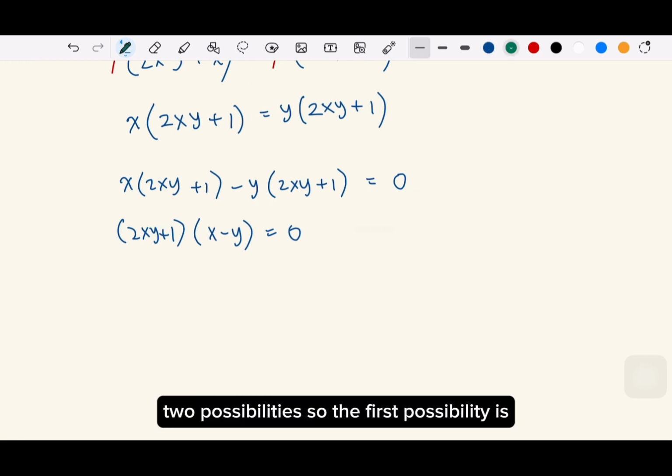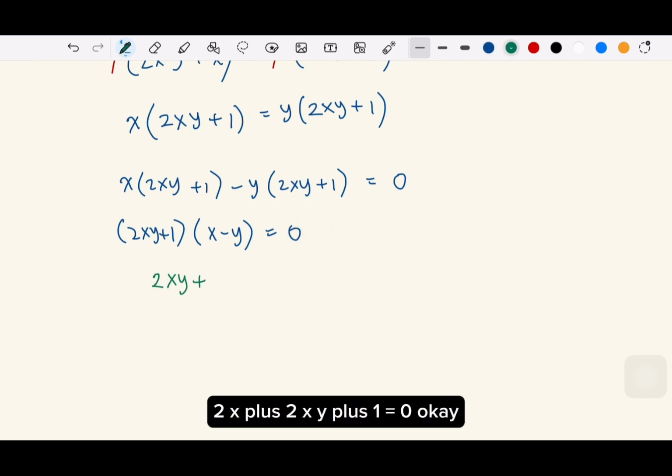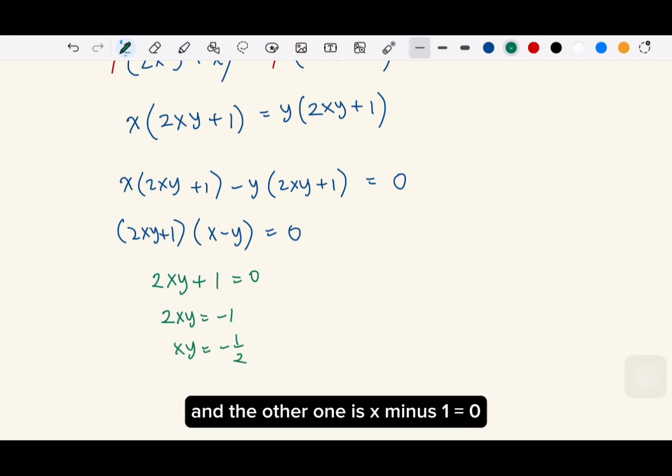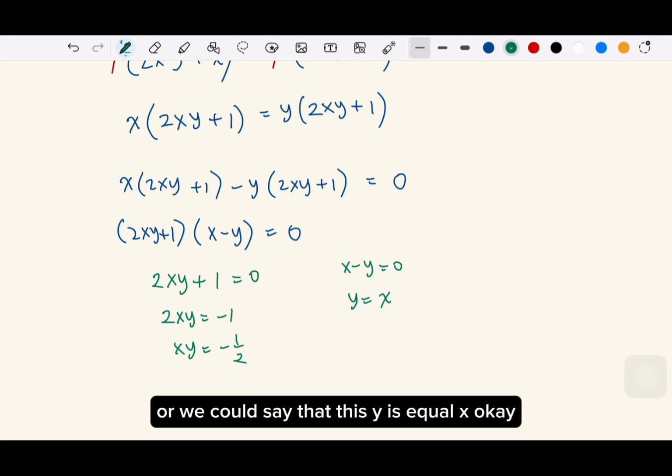The first possibility is 2xy plus 1 equals 0. So 2xy is -1, and xy is -1/2. And the other one is x minus y equals 0, or we could say y is equal to x. So we have these two possibilities.